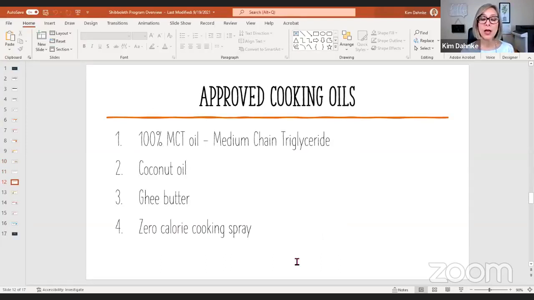Okay, we're going to talk about approved cooking oils. We have 4 different approved cooking oils on the Shibboleth lifestyle. And before I get into this, I really want to explain to you that Shibboleth is really just simple swaps. So you are simply swapping around some things that you eat on the plate together.